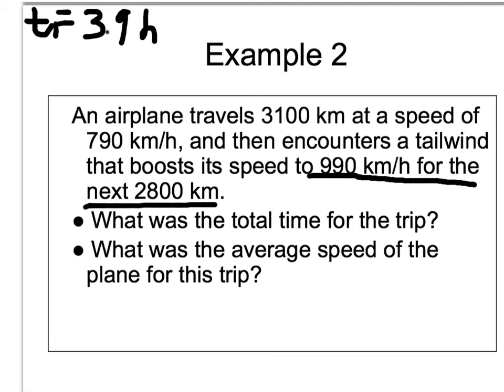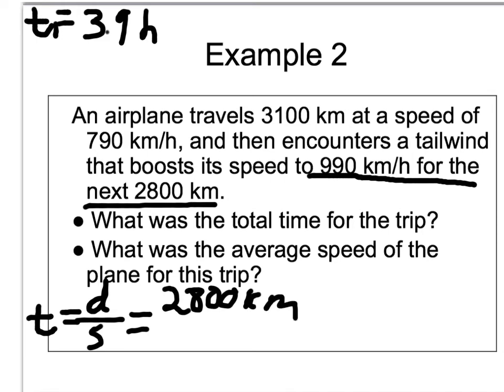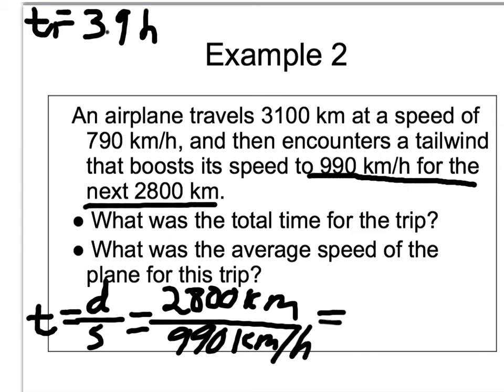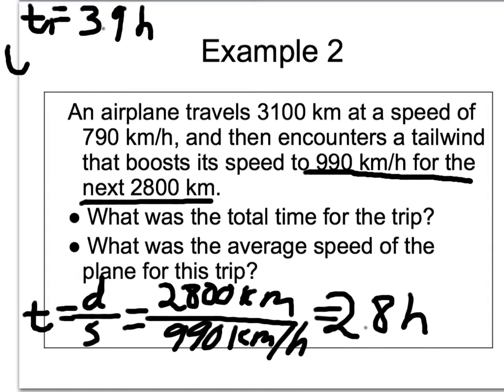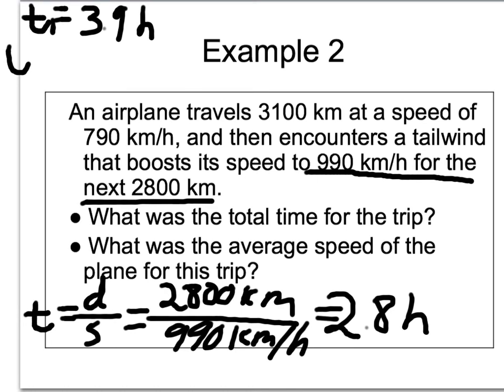I'm going to skip the working it out part and just go straight to t equals distance over speed. 2,800 kilometers over 990 kilometers per hour. Again, rounding to the nearest tenth, I get 2.8 hours. Second time is 2.8 hours.